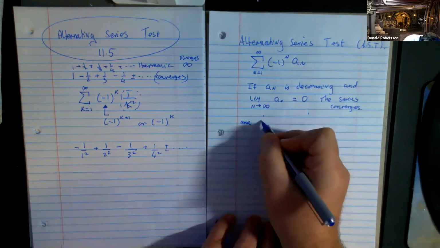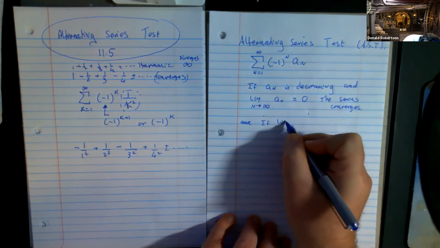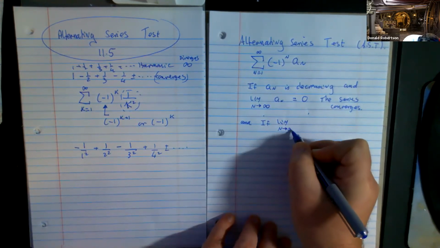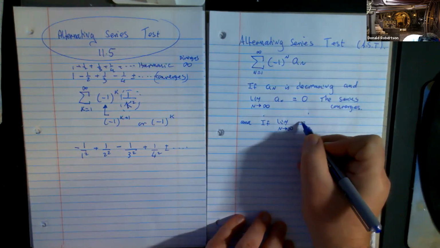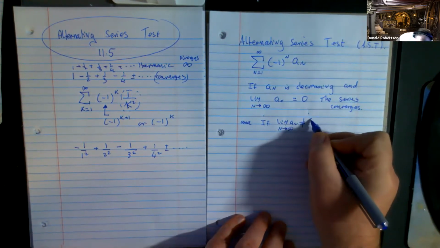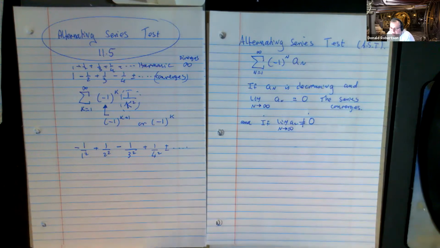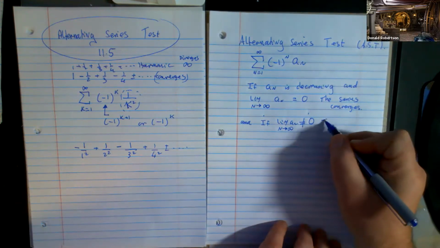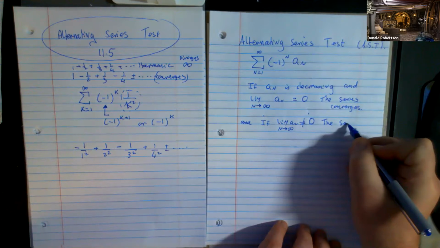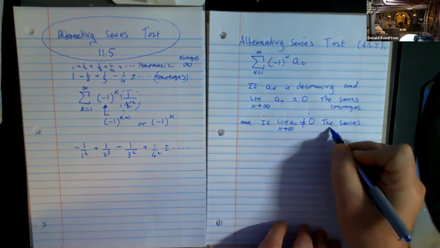And if the limit as n tends to infinity of a_n is not 0, so it's just a number, and that number could be 4, that number could be infinity, right? Just not 0. Then the series diverges.